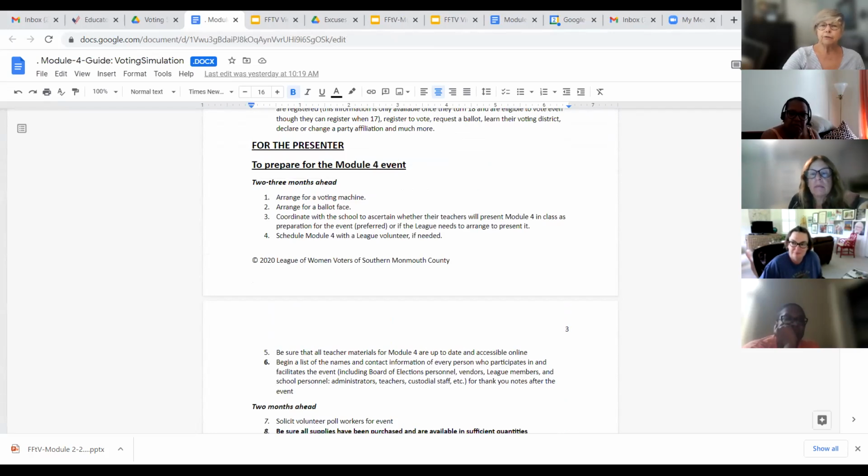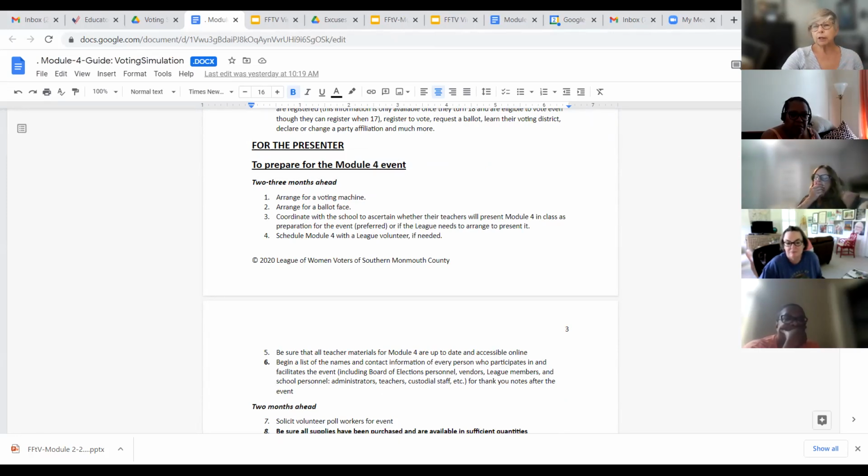The one thing, if you decide to do this, that you need to keep in mind is that voting machines are impounded a month before and a month after an election. So for November 2nd, for example, we won't be able to run this event with a voting machine between October 2nd and December 2nd.